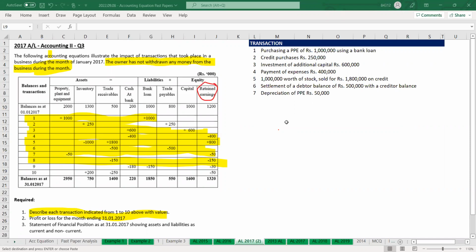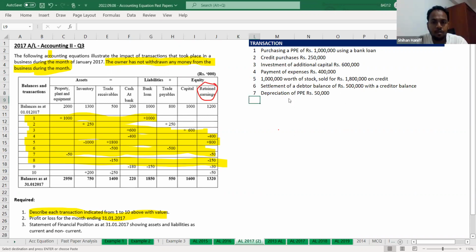What is that expense? Number 8 is bad debt. Yes.